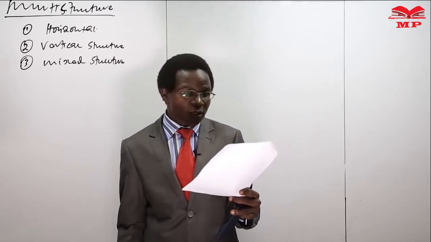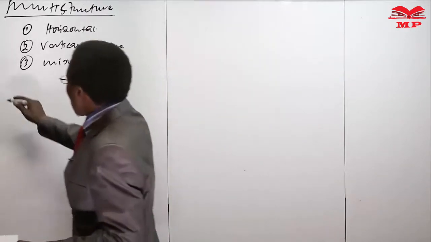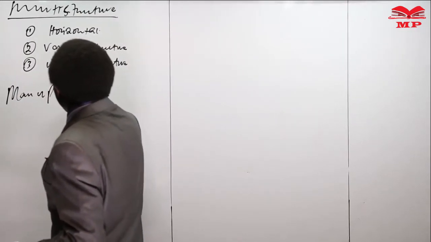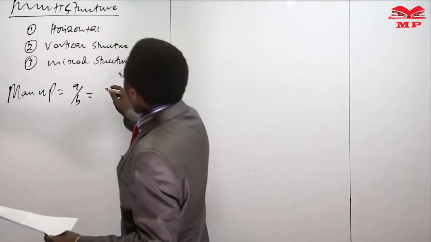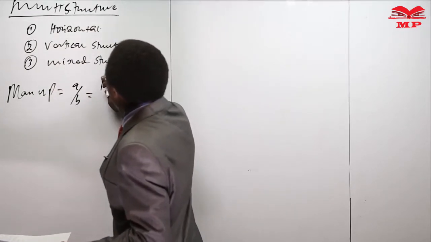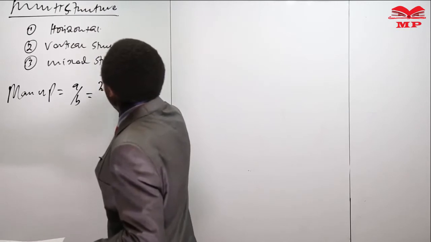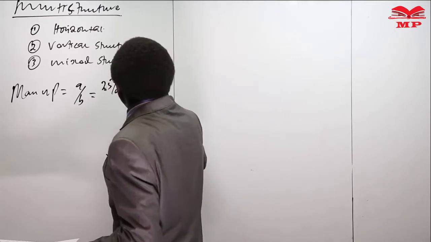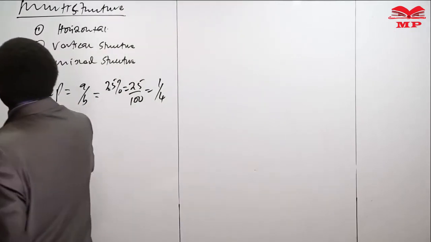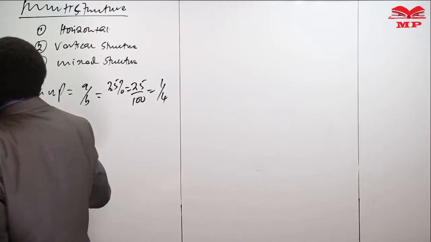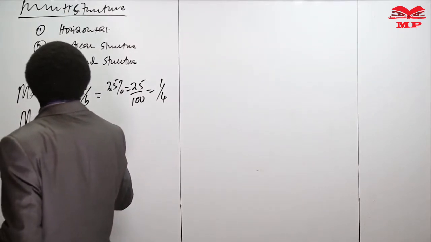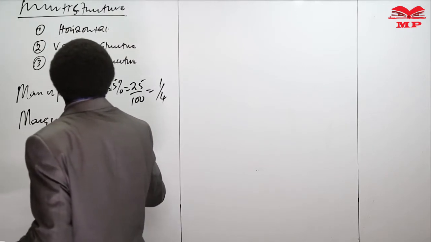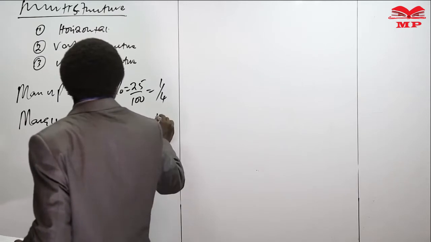which comes to 10,000. That's important. Now, what I'm trying to say is this: if you have a markup of A over B, like in this case 25%, which is 25 over 100, which is a quarter, and if you want to determine the margin, then it will be A over B plus A, that is 1/4 plus 1, and that is 1/5.